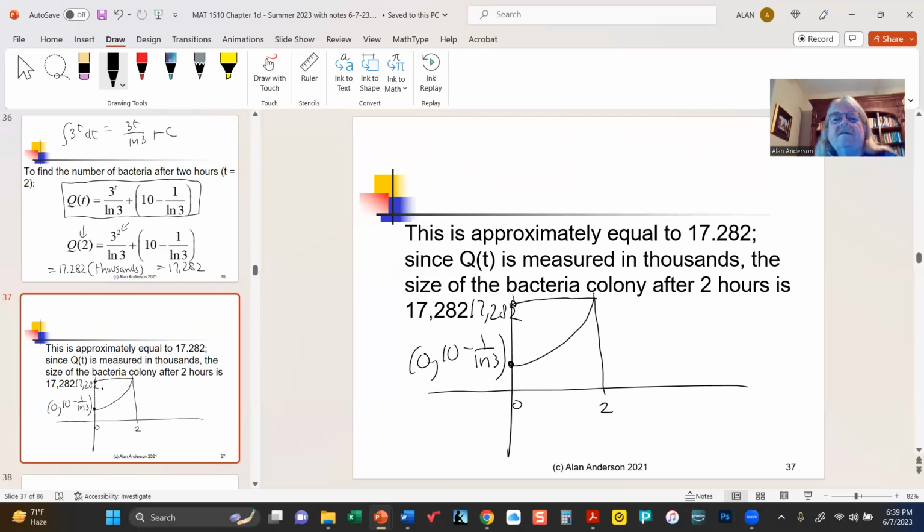Now, by the way, 10 minus 1 over log 3 is equal to, hold on one second, 9.0.